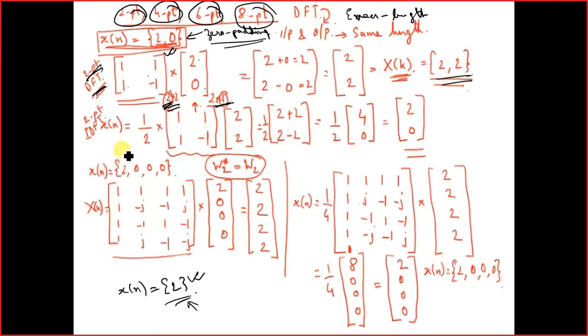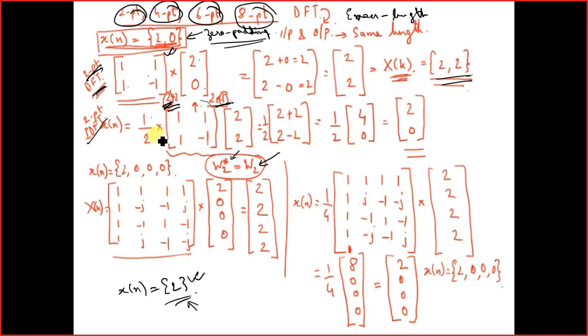Okay, and if we go for the IDFT, so 1 by 2 multiplied by this should be a conjugate Twiddle factor matrix. But when we are talking about the Twiddle factor matrix for 2-point DFT, the conjugate Twiddle factor matrix and the Twiddle factor matrix are the same because there are no complex numbers over here.